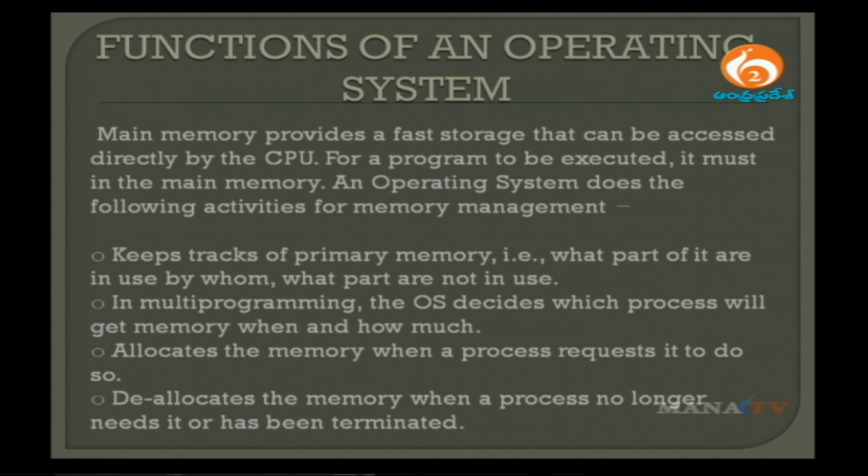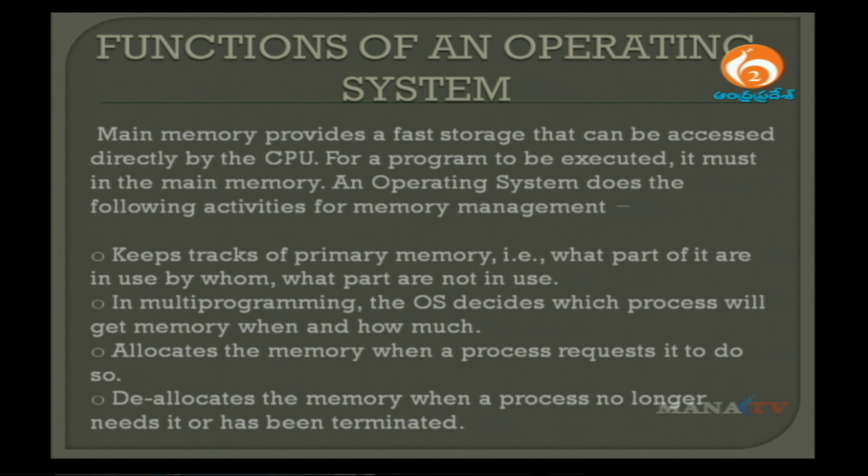Then, when multi-programming is happening, the OS decides which process will get memory, when and how much. When I am using the internet, using the processor timings, and clicking the interface and changing some settings in the computer, the system should be able to cope with all the disturbances that I make in the system. So, the OS decides what to do at what time.